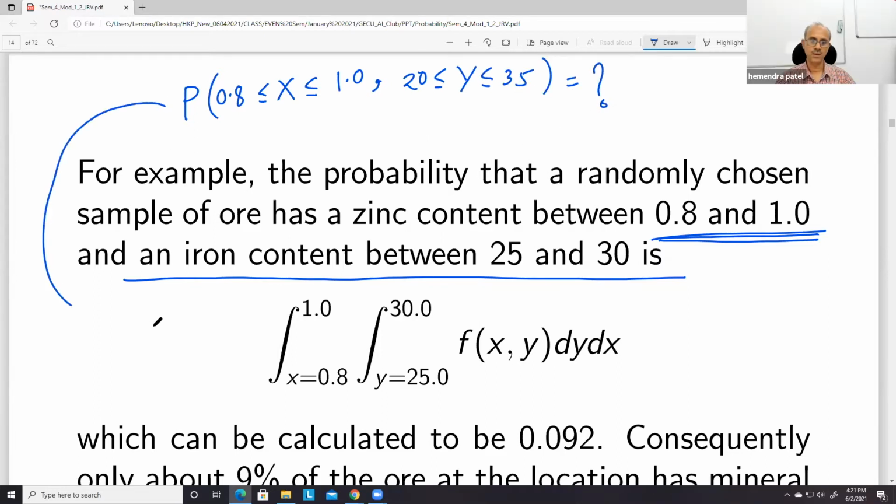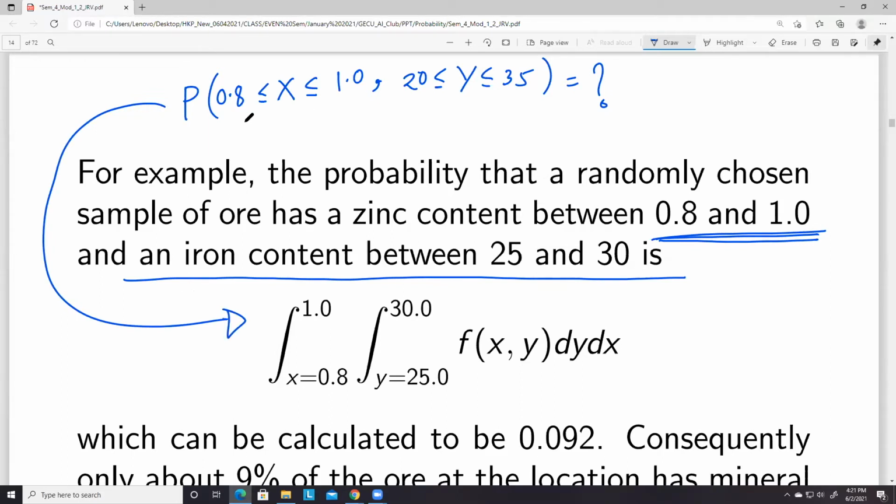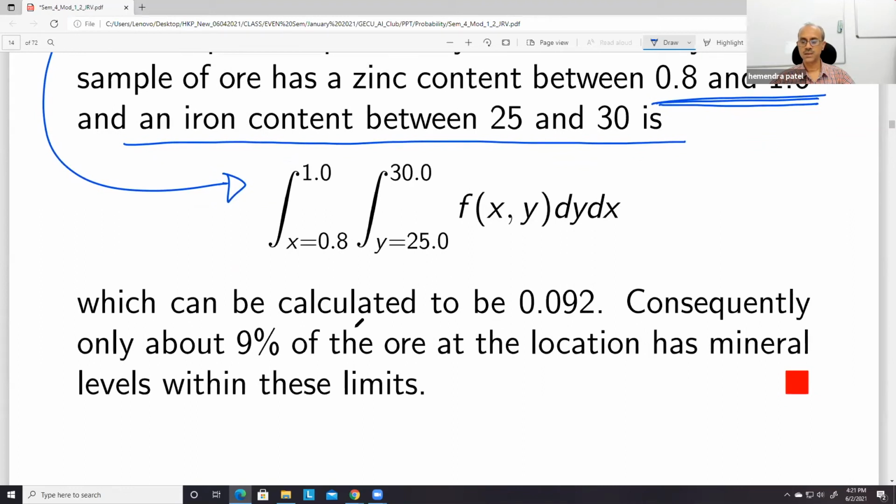So probability, this will be this integral. You just integrate within these limits the function f x y. And then you can see that you can do this. The value comes out to be 0.092.